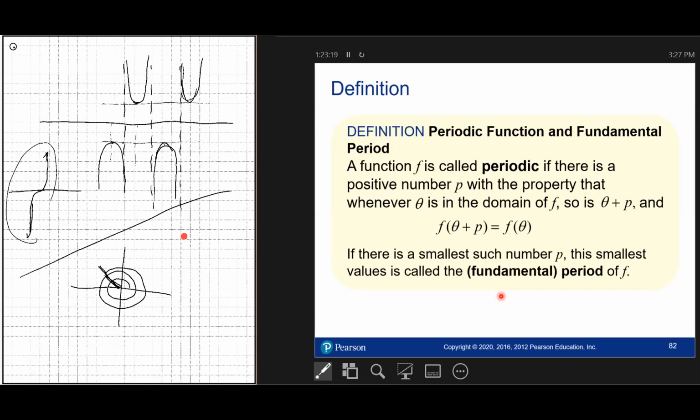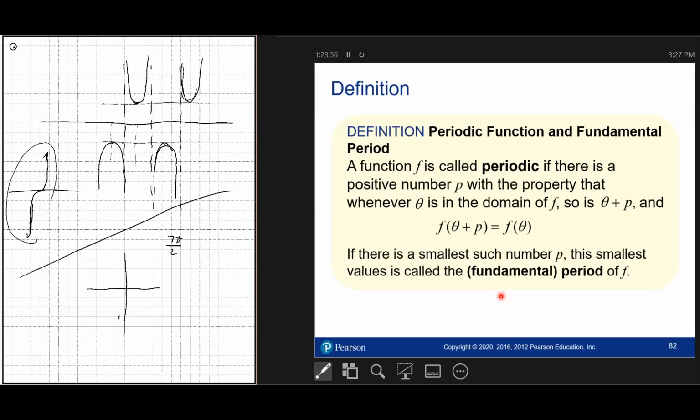So let's look at the angle. Not 6. Let's go with 7/2 pi. Seven halves pi.